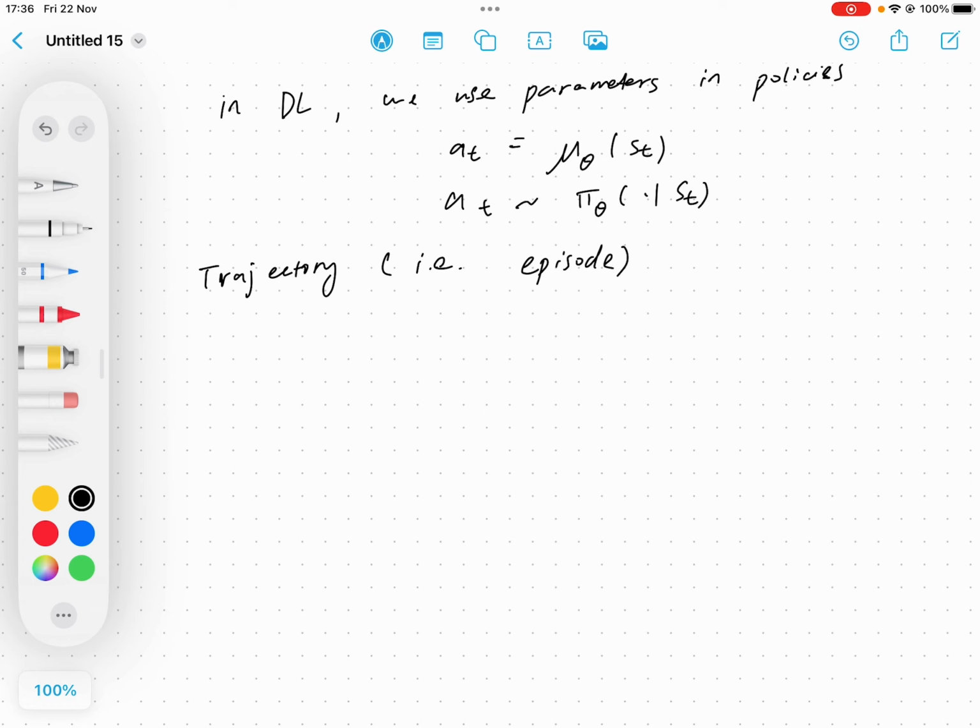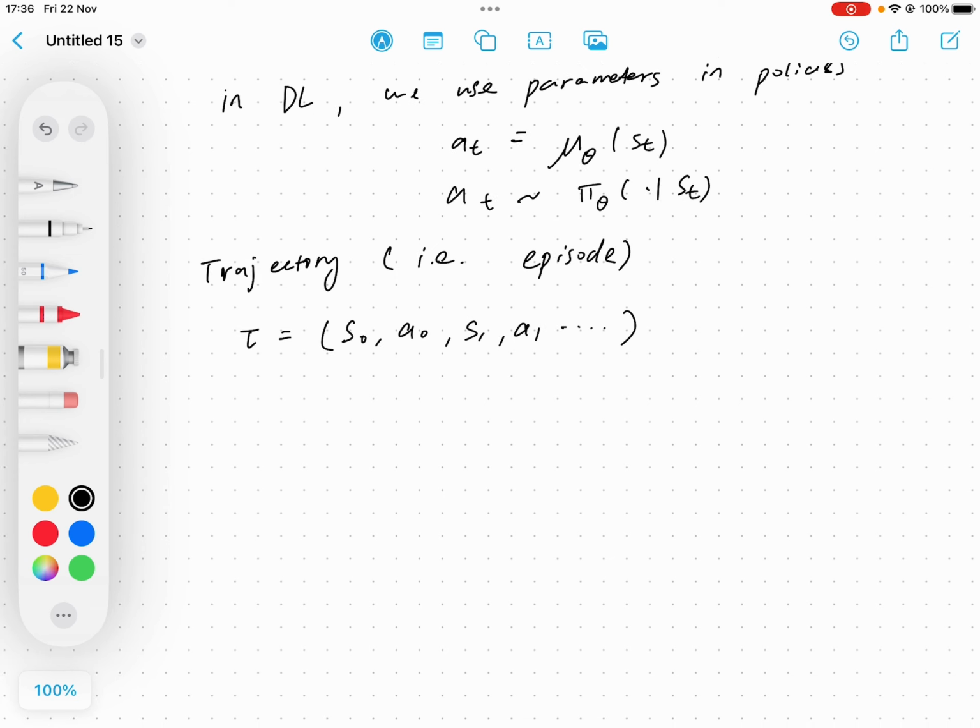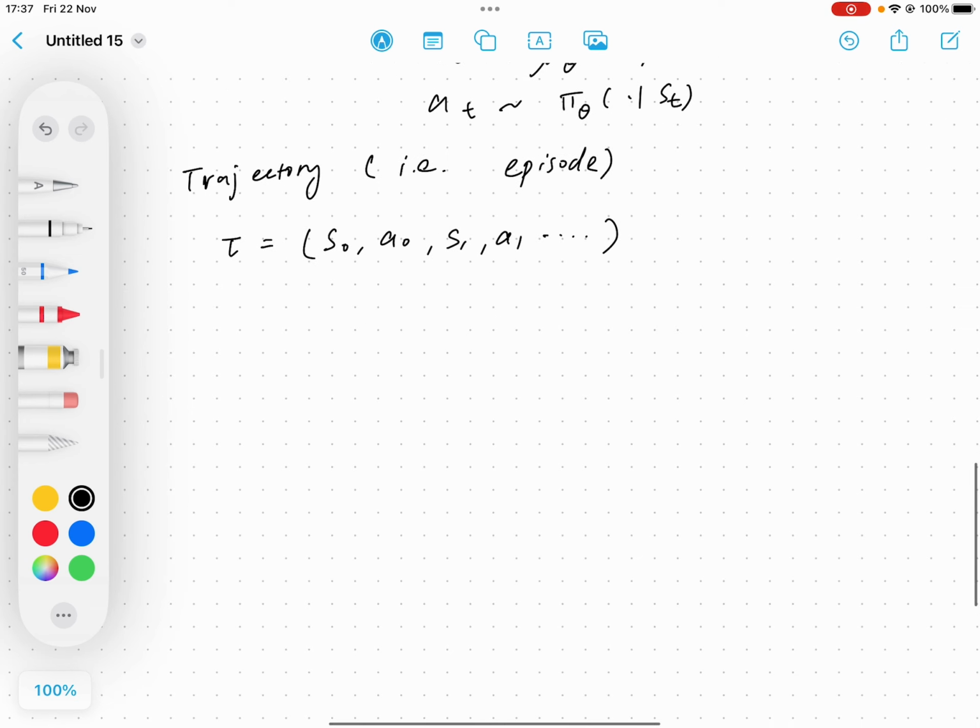So a trajectory tau is a sequence from the initial state S0, some action A0, and then goes to S1, A1, all the way up to some point or some infinite series. And this S0 would be the starting state distribution.